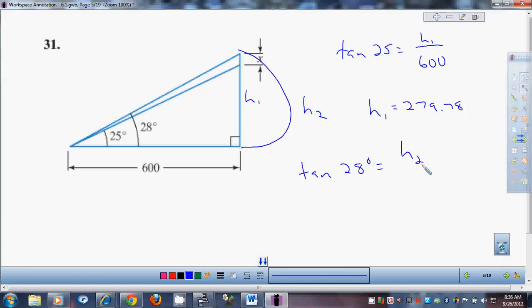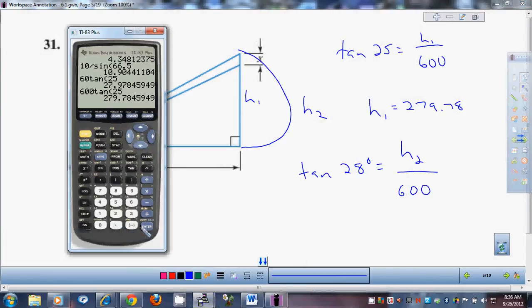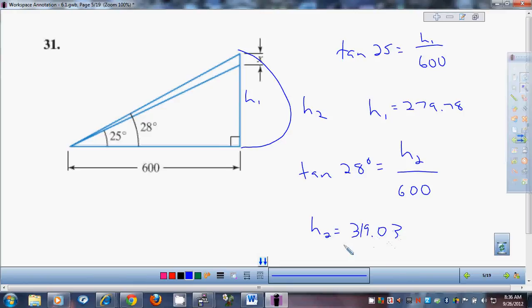And that's H2 over 600. We're going to punch it into the calculator again. So now it's 28 degrees. 319.03. So we just subtract, and that will give us our x.